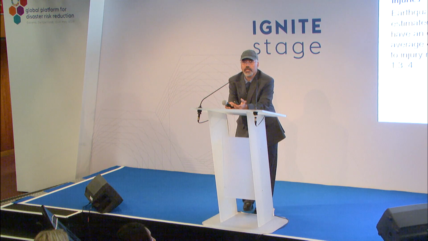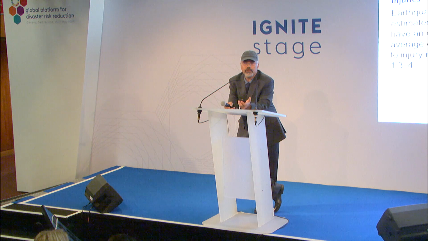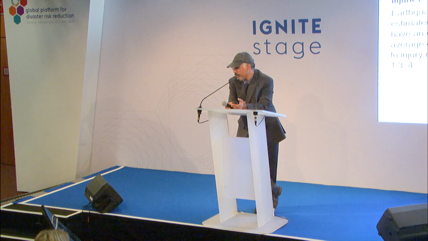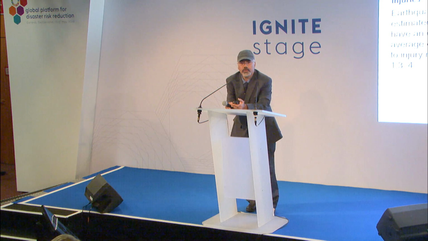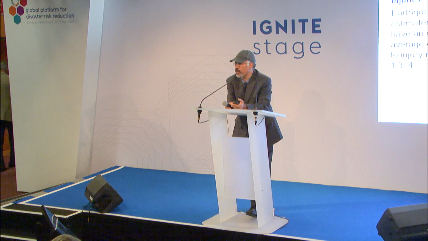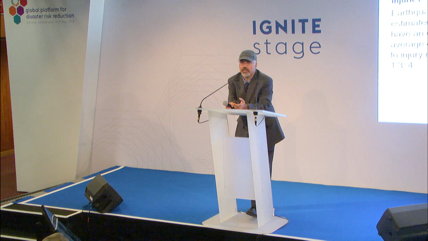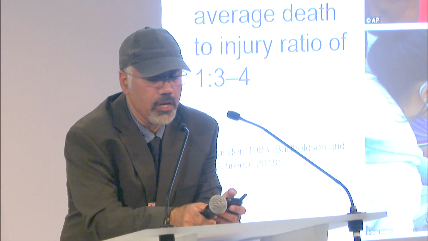Based on research conducted by many scholars, the ratio between earthquake deaths and injuries is about 3 to 4, meaning per one person killed, there are at least 3 to 4 people injured. Of course, it varies from earthquake to earthquake, but these are the averages available so far.